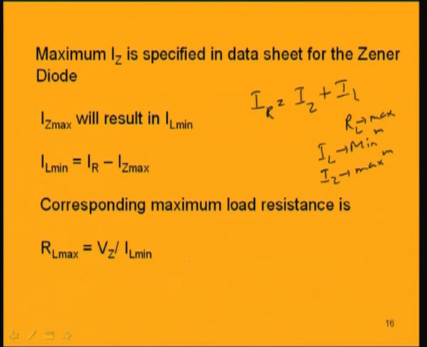So, you have now obtained conditions for RL minimum and RL maximum. Within this range you can vary this load resistance to get a constant Zener voltage, and this maximum condition we will get from the Zener current maximum rating of the diode.